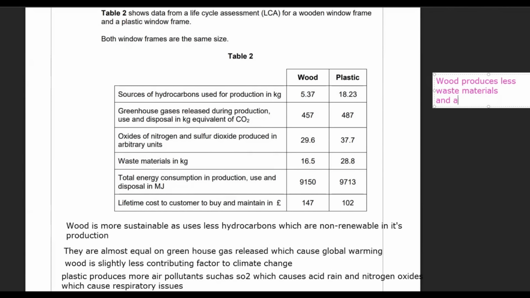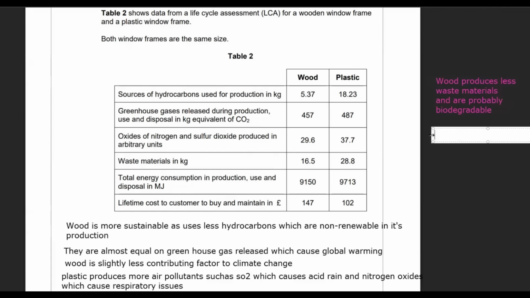It's probably not on the mark scheme, but afterwards, wood rots down, plastic doesn't. So that makes it better. Let's also check out total energy consumption in production, use and disposal in MJ. So the energy production is similar.